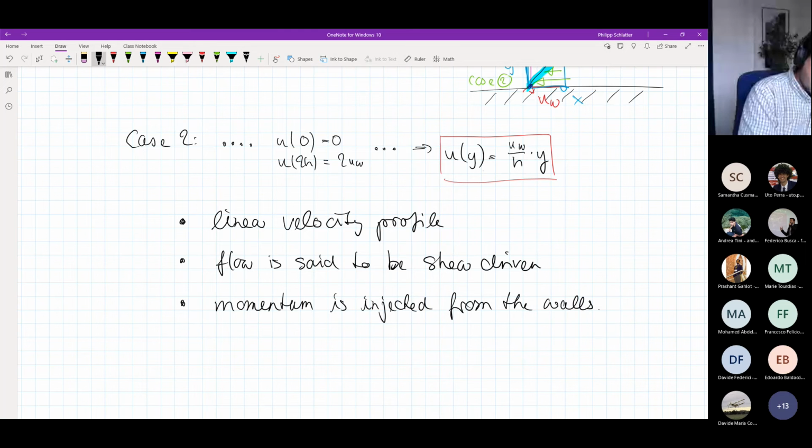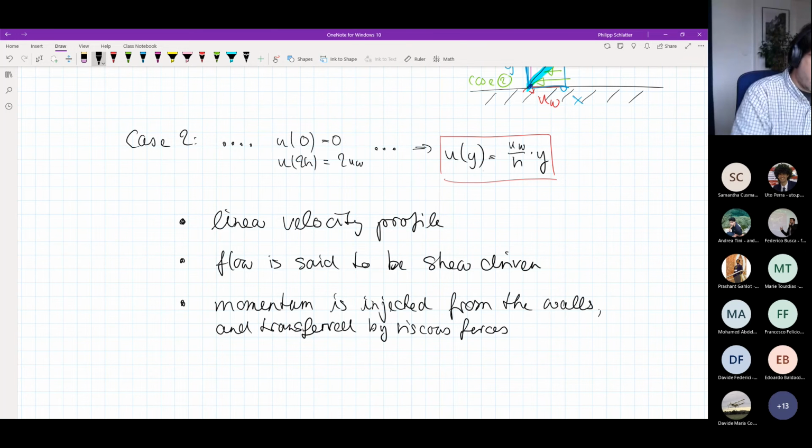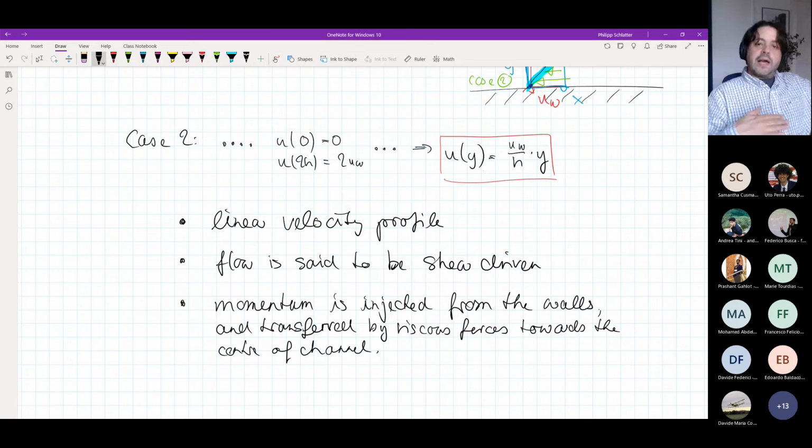And what happens essentially is that this momentum is then transferred by the viscosity, so by viscous forces, towards the center of the channel. So this is essentially what happens.